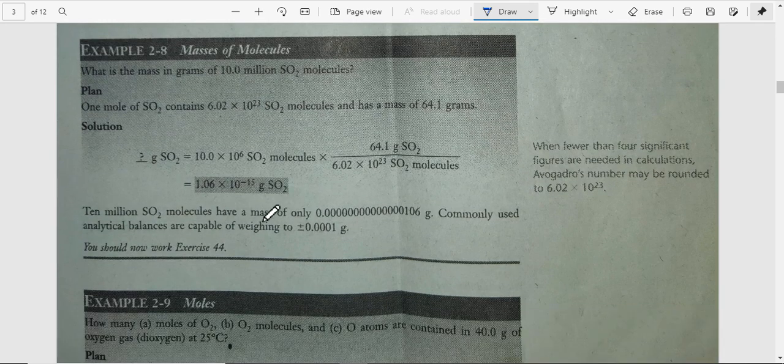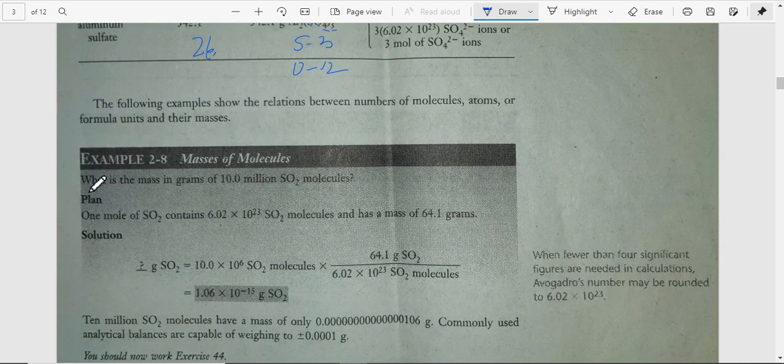Next is the masses of your moles. This problem here will show how you will get the mass in grams sa imo nga molecules, kung ginatagan ka lang sang moles ang imo nga certain compound or your element. For example, if you are given 10 million SO2 molecules, how many grams in mass?